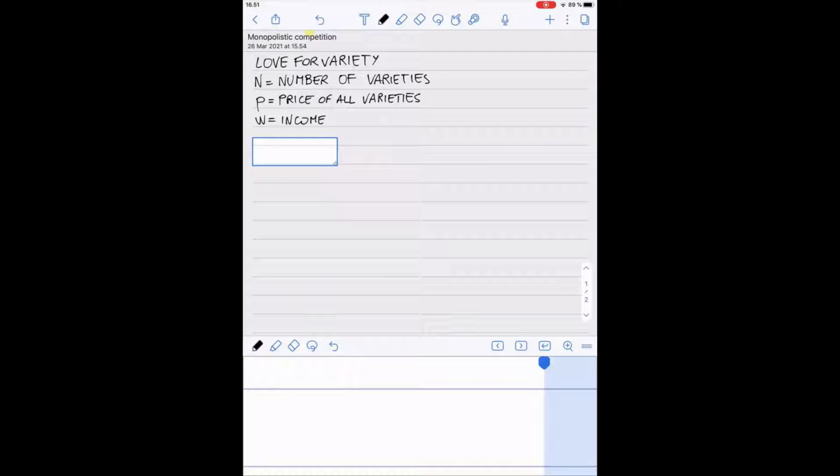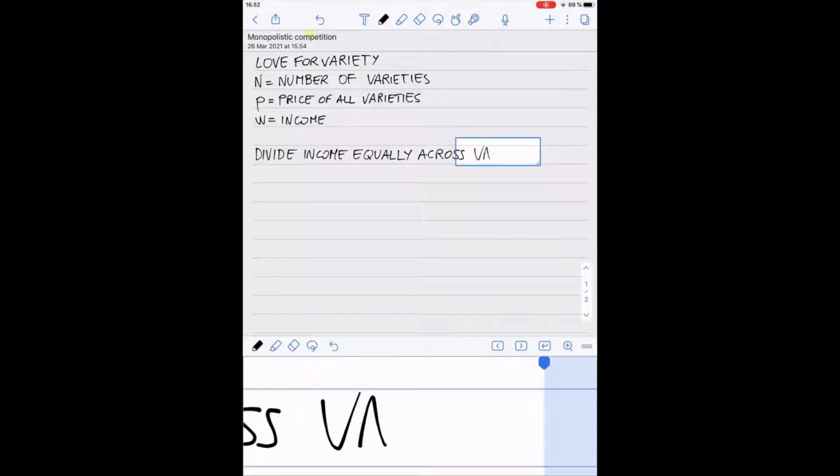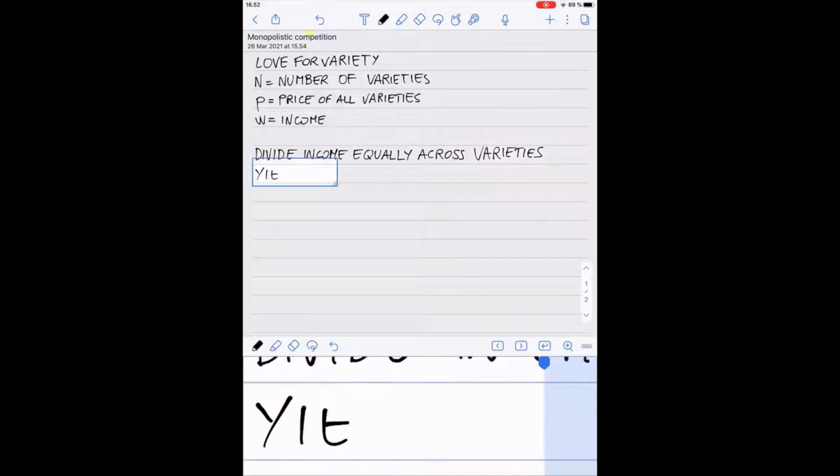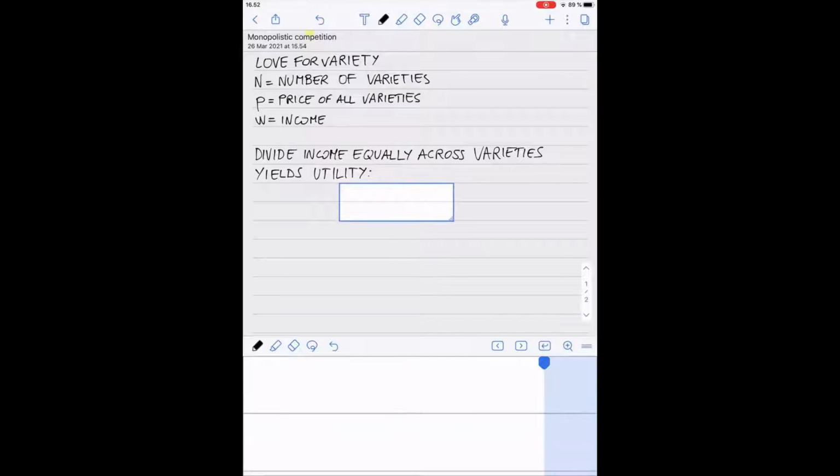So if you split your income across all of the varieties, what is your utility? Well, your utility is the summation across all varieties indexed by i from 1 to capital N of V of c_i.